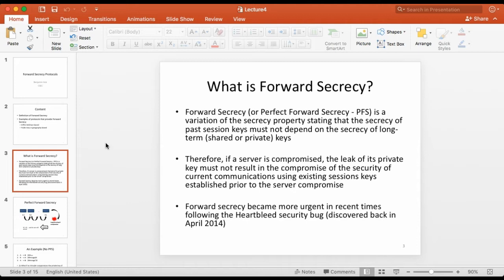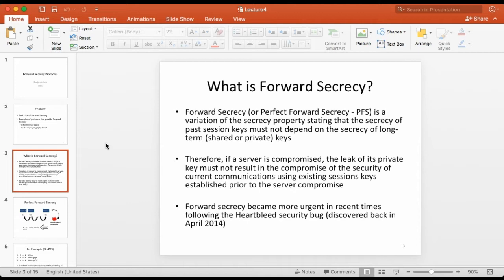Say you share some long-term password with a server, and that password was compromised, so the server leaked that password to the public domain. The question is, will that compromise your historical interactions with this server?